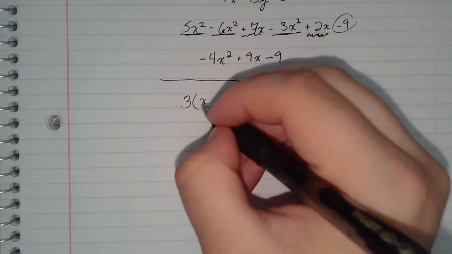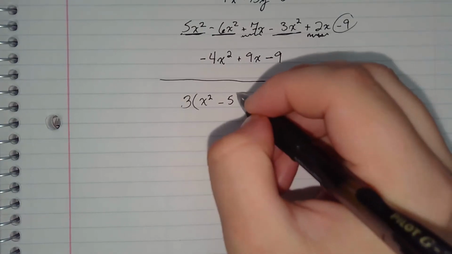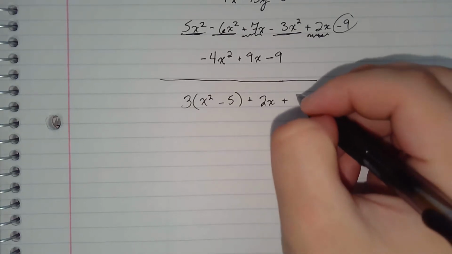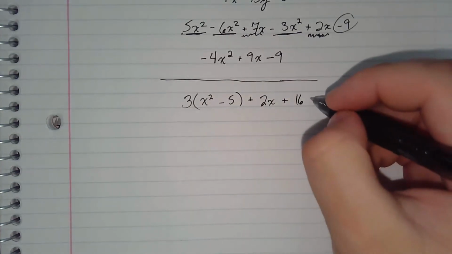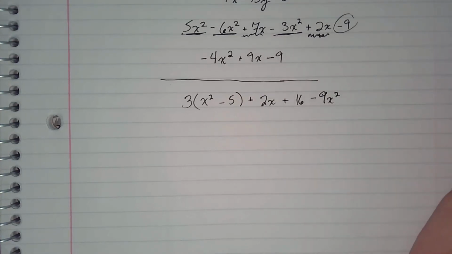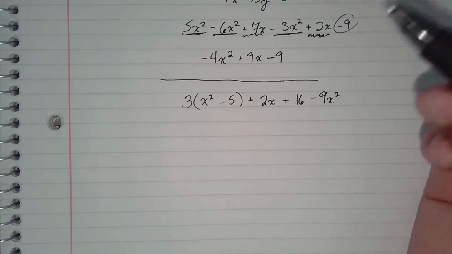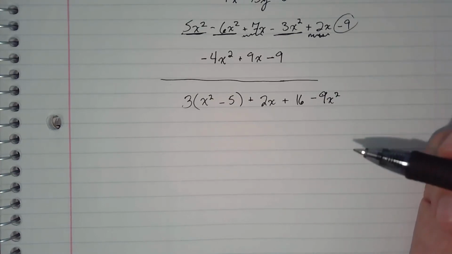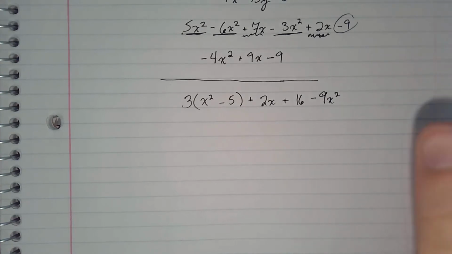3 times x squared minus 5, plus 2x plus 16 minus 9x squared. Okay, so whenever you see something like this, the first thing you have to do is go through your order of operations and basically expand it before you simplify.